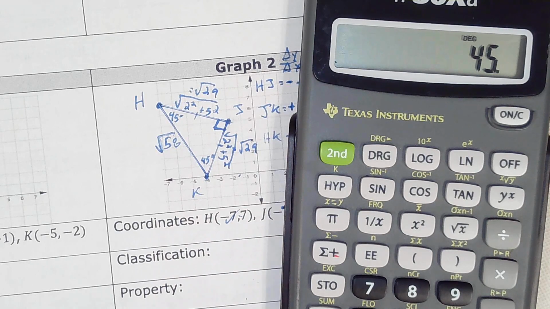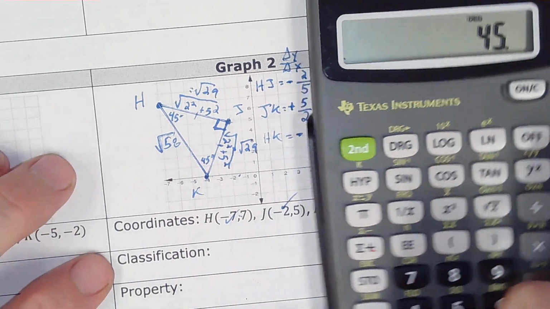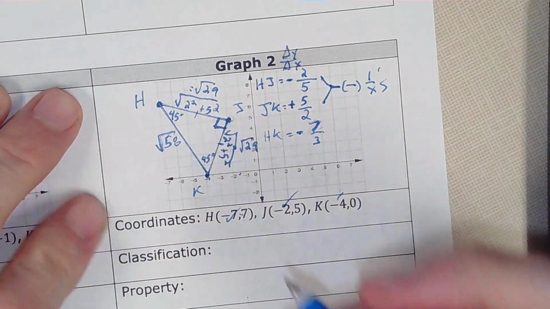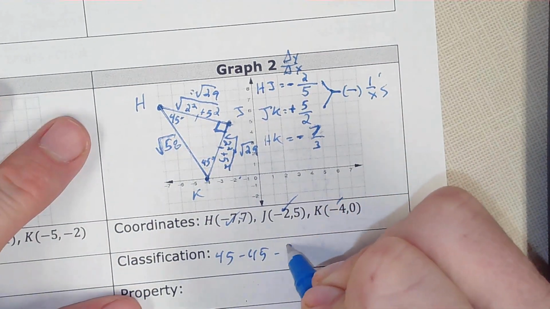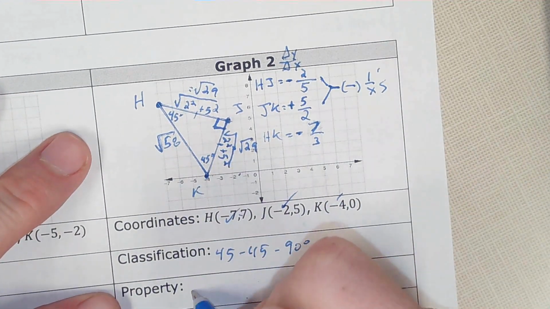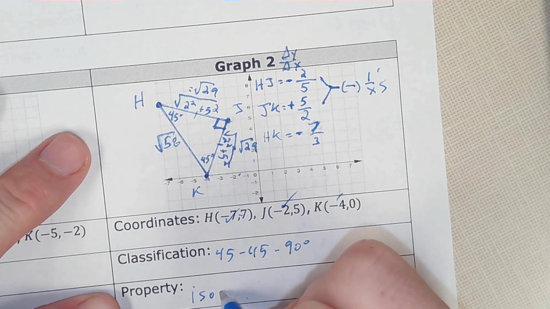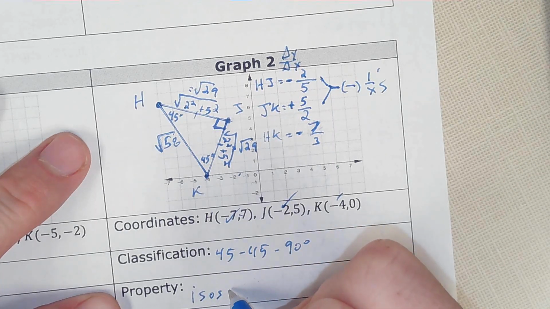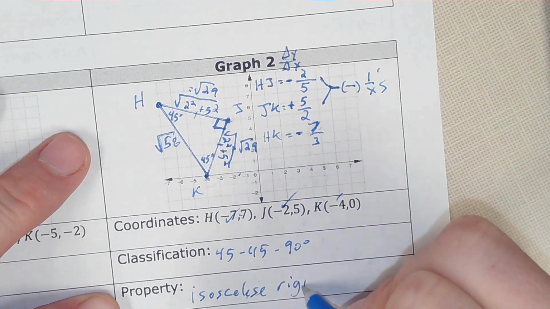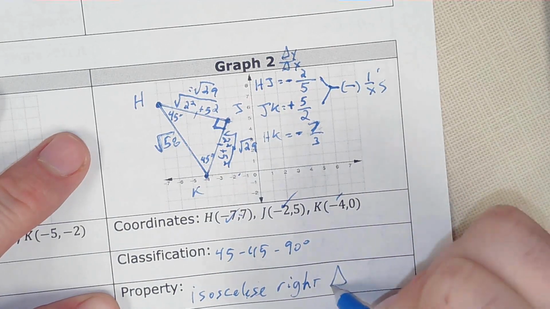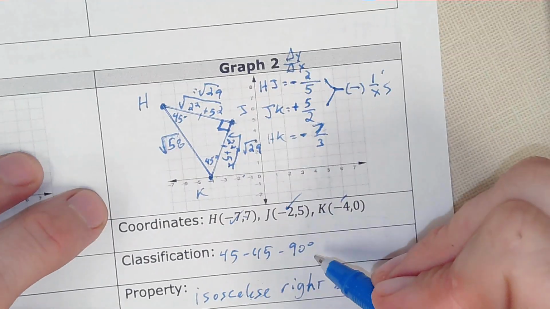Man, that's crazy. Anyway, if this is a 45, 45, 90 triangle, that makes it an isosceles right triangle, also a 45, 45, 90 triangle.